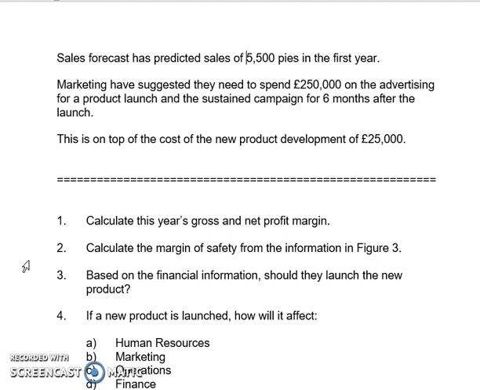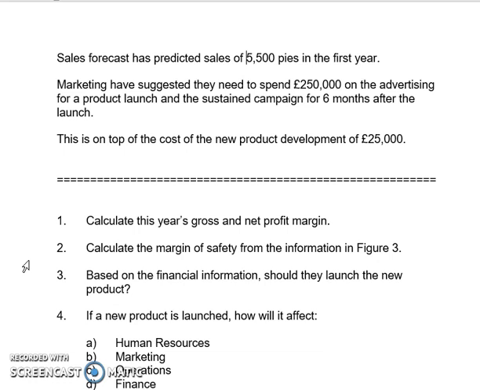Use the A3 sheets, one between two, to help you think about the effects. So, human resources, do they need to hire more people? If this production line is going to get bigger, do they need more specialist people? Who is actually doing this new product development? Is it a separate firm, or are they doing it themselves? Do they need people? Have they got the right skills? Have we got a skills gap, etc.?